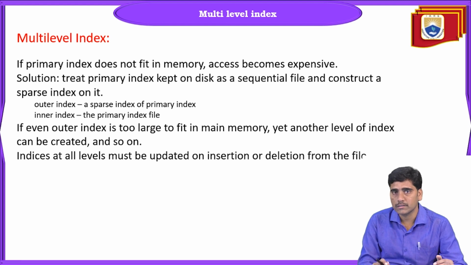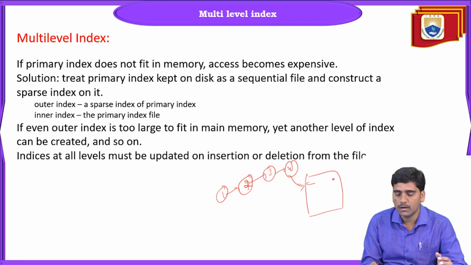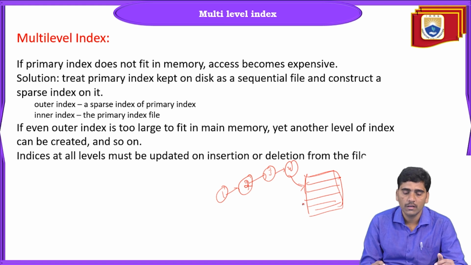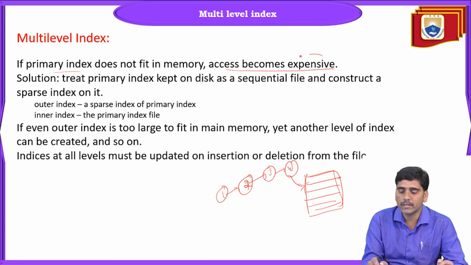A primary index maintains only one level, a secondary index maintains a secondary level, but with a multi-level index you can create more indexes to access the records, which makes maintenance cost-efficient. If the primary index does not fit in memory, access becomes expensive.